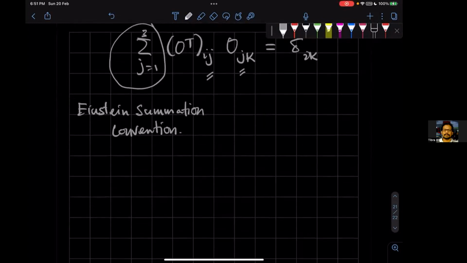So this equation can be written as O transpose Ij O Jk is equal to delta Ik. The sum over J is implied because it's repeated.